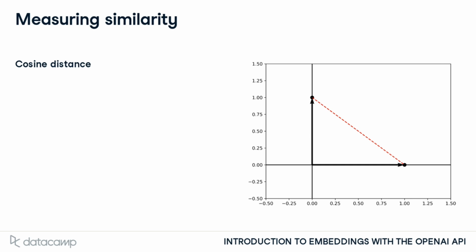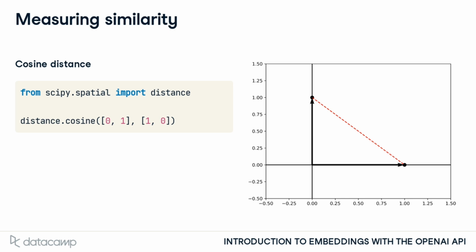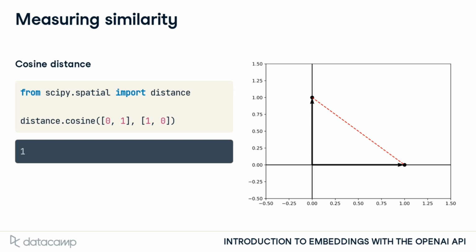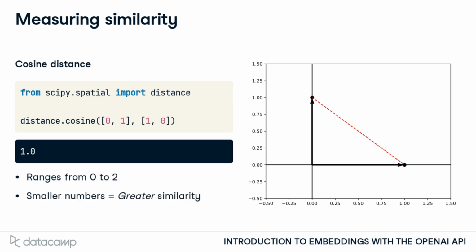To compute the cosine distance between the 2 points, we can import distance from scipy.spatial and call distance.cosine, passing the coordinates of the 2 points. The result is 1. This is difficult to interpret on its own, but the distance can range from 0 to 2, where smaller numbers indicate greater similarity.